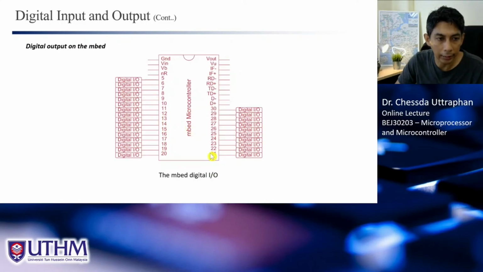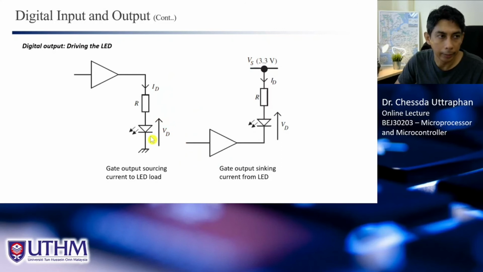Okay, so this is digital IO, 5 to 30 of the mbed. So any pin of this you can configure to be digital input or output, right? And this is how you drive the LED. Yeah, we learned already how to connect the LED to the microcontroller. There are two ways.